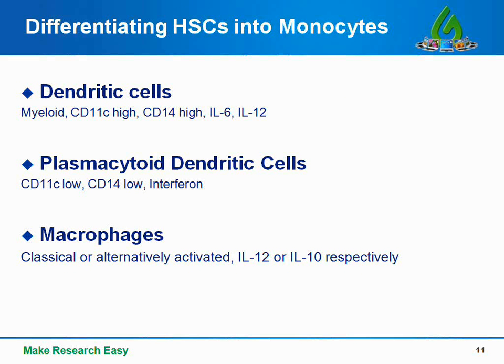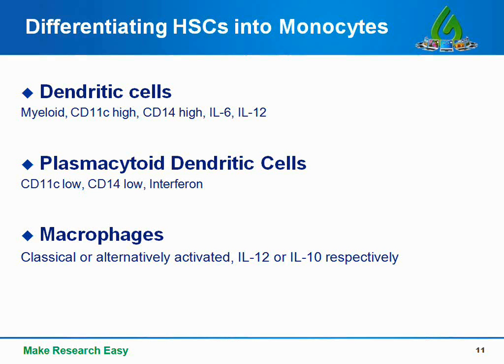Now in the next few slides, I'm going to focus on strategies for optimizing differentiation and yield of the following immune cells. Classic dendritic cells are referred to as myeloid dendritic cells, and they are critical in the immune response as antigen-presenting cells that secrete pro-inflammatory cytokines in response to infection. The less abundant plasmacytoid dendritic cells secrete large amounts of interferon alpha in the immune response.